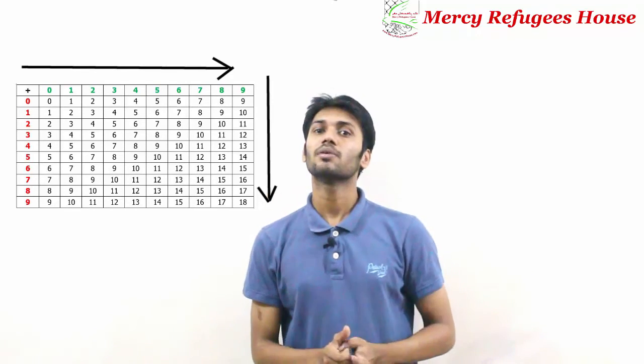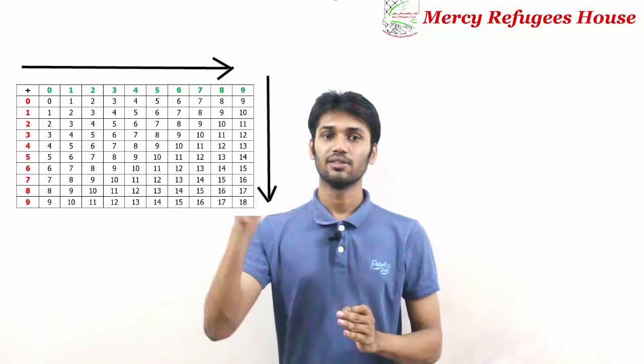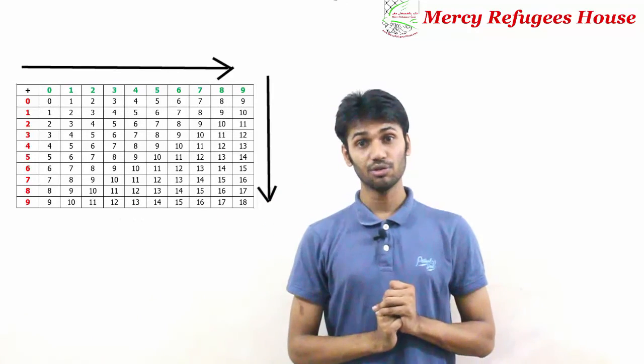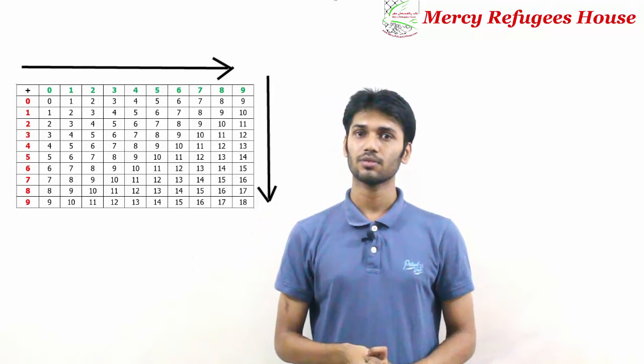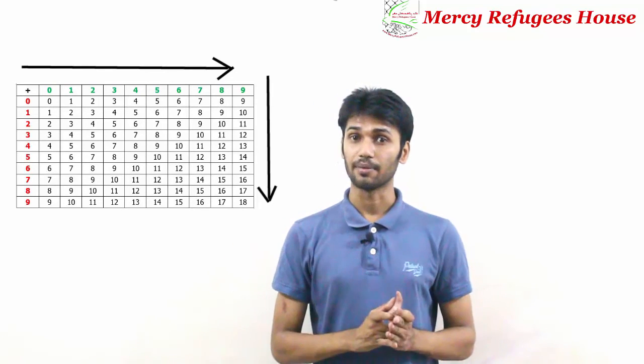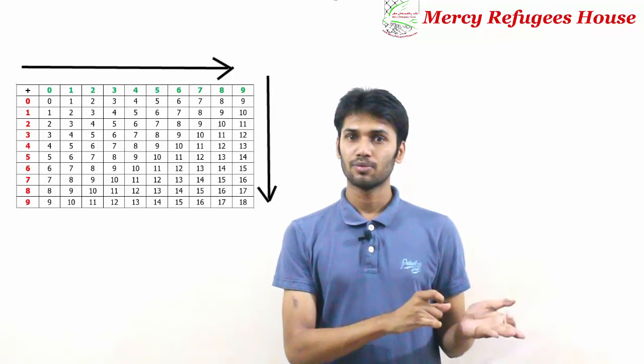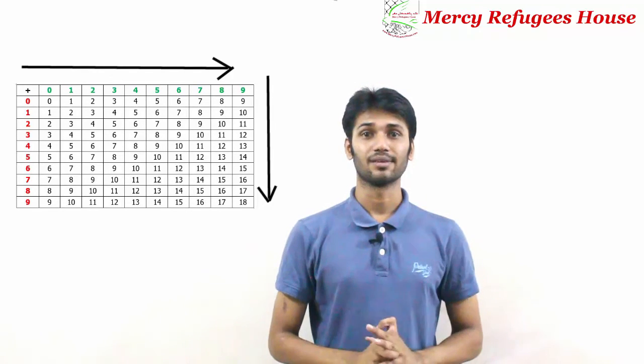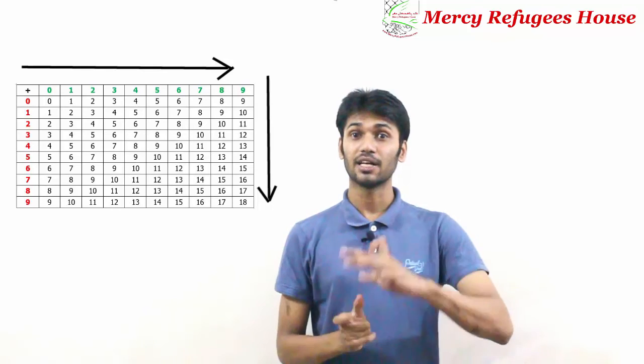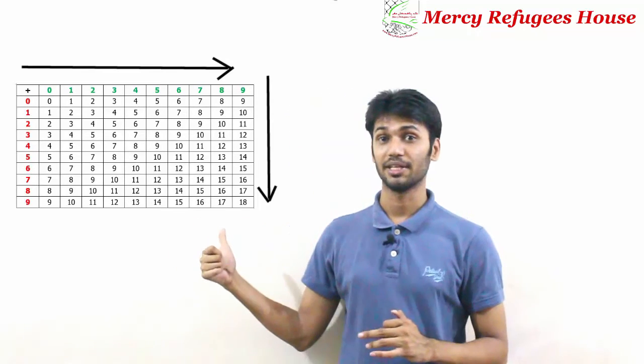The fifth column is adding 3, like 0 plus 3 equals 3, 1 plus 3 equals 4, 2 plus 3 equals 5, 5 plus 3 equals 8, and so on. So at the end you can say that 9 plus 3 equals 12 here.